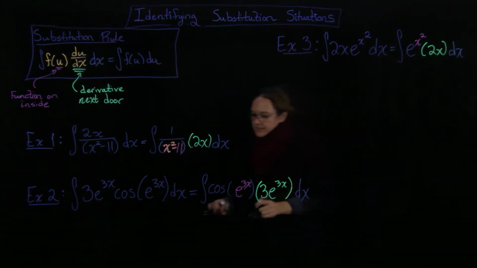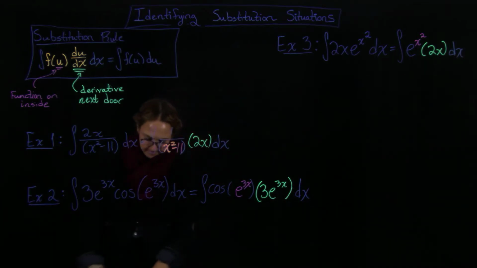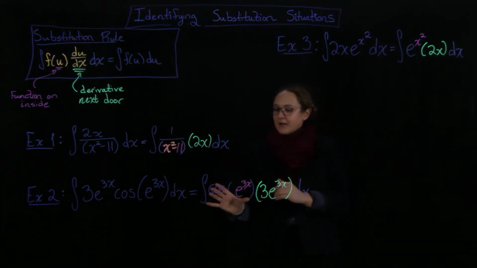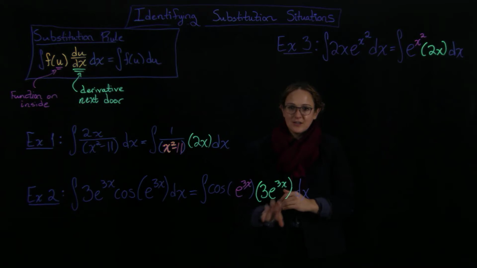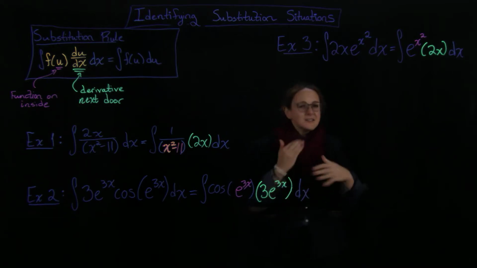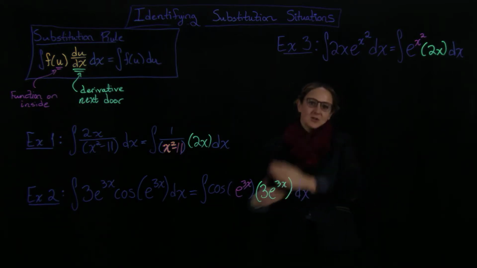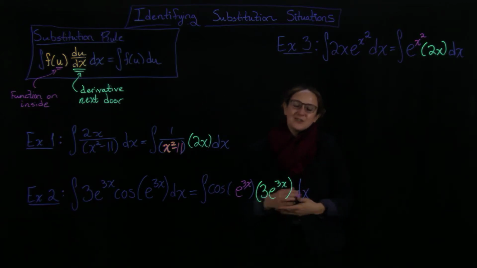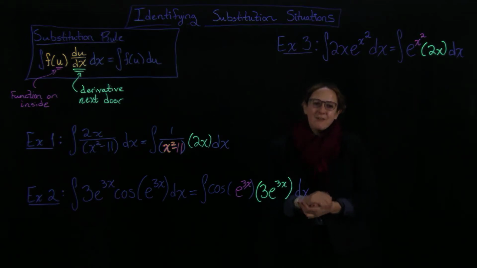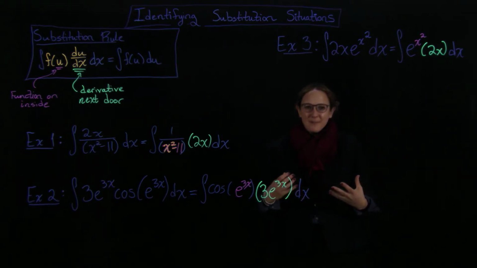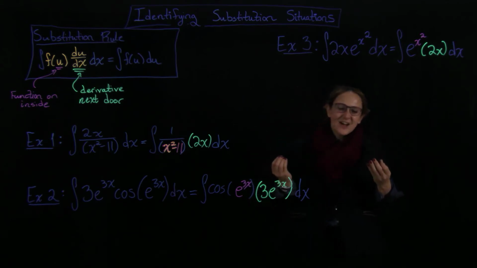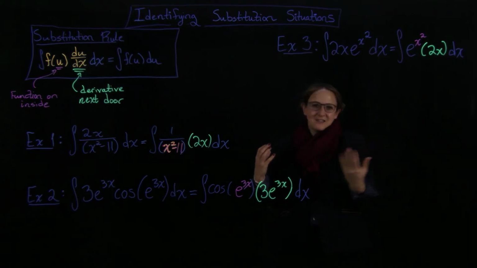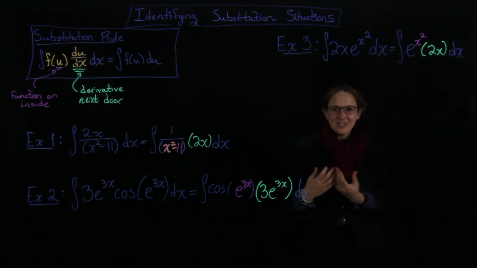In each of these circumstances, you can see I have an outside function with the inside function, and the derivative of that inside function is next door. Sometimes you have to manipulate them a little bit in order for them to look exactly like that, but we won't be going through too many very complicated examples, because this is really more about understanding philosophically that integration is the opposite of differentiation.